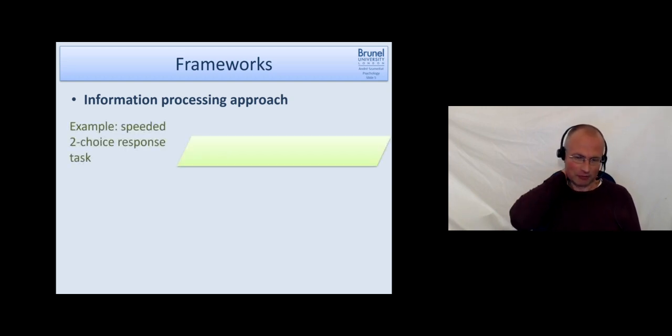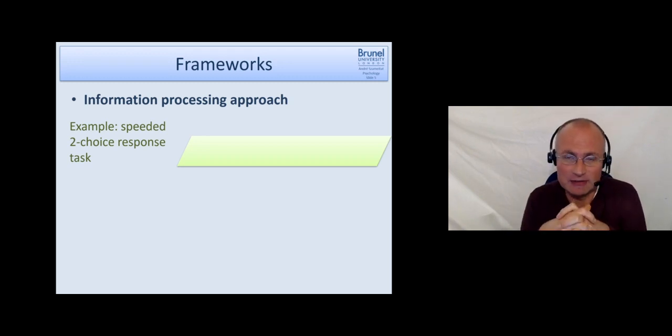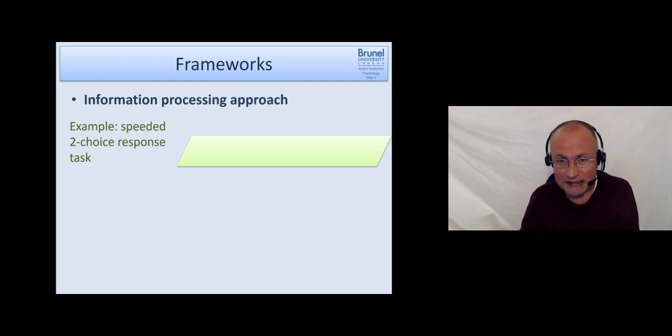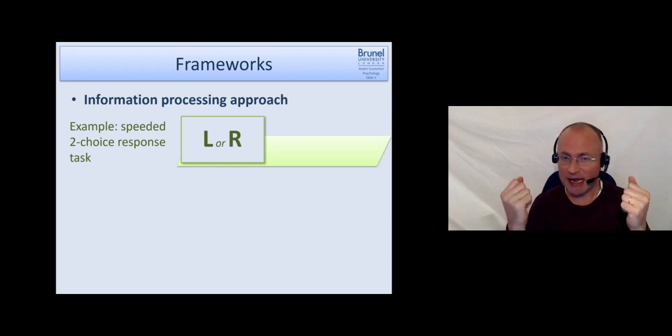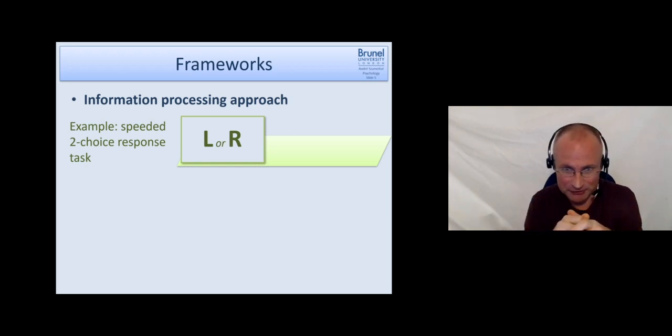Let's have an example of a task which has been in one form or another used very frequently in cognitive psychology, a so-called speeded two-choice response task. What does it mean? It's actually quite a simple task. A participant would sit in front of a computer, and on the screen, let's say a big L or R appears.